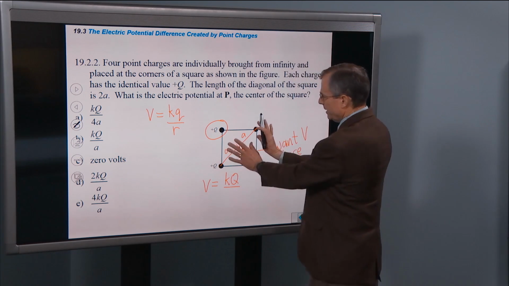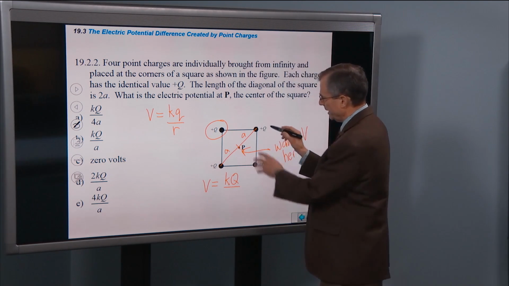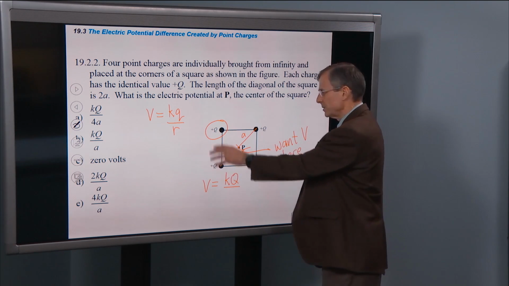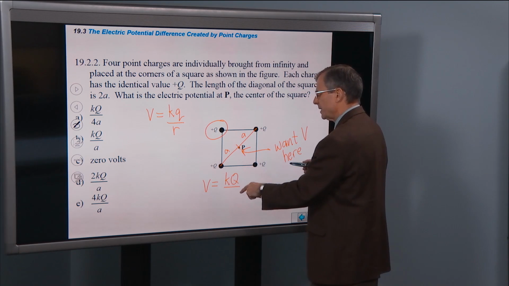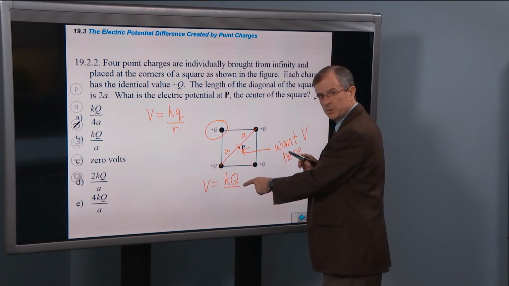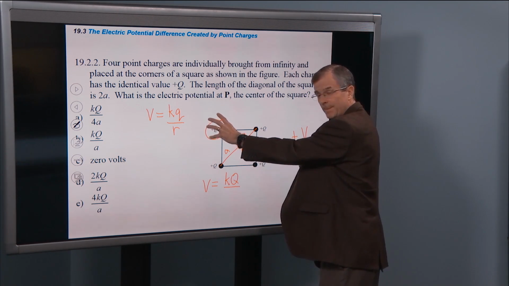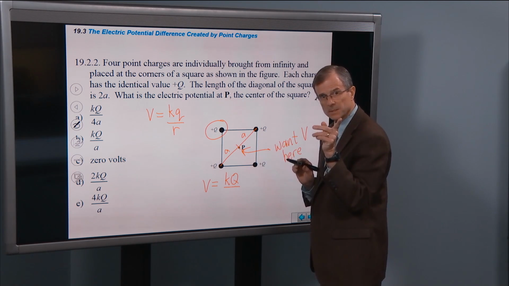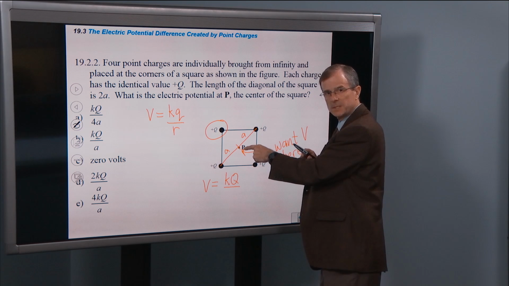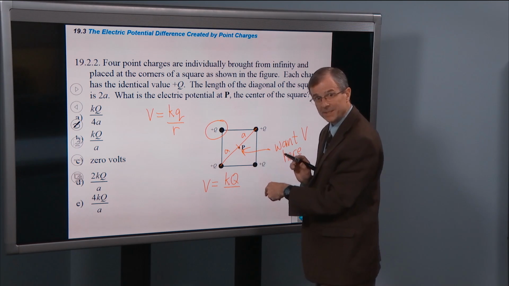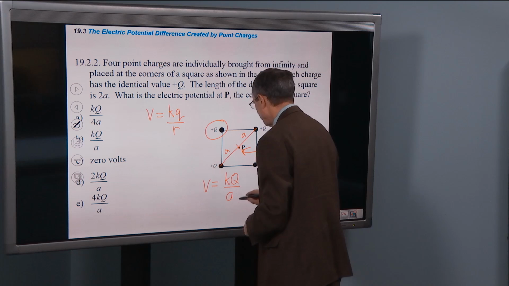If we're just forgetting about the other three charges, and we're just worried about this one, then what's the potential going to be? Well, it's K times the charge itself, divided by the distance between the charge and the place where I want the potential. What's that distance? It's a. No problem.